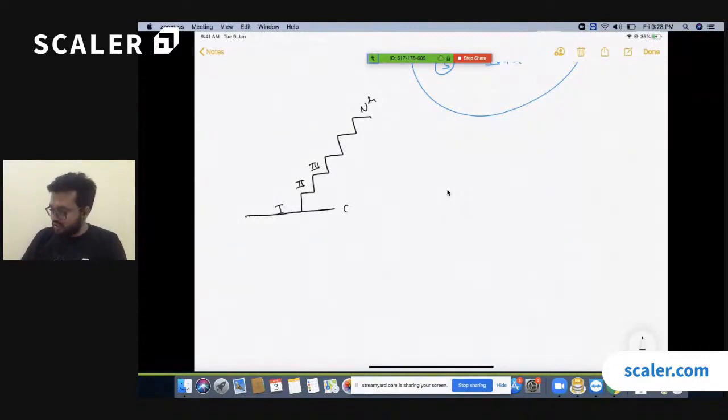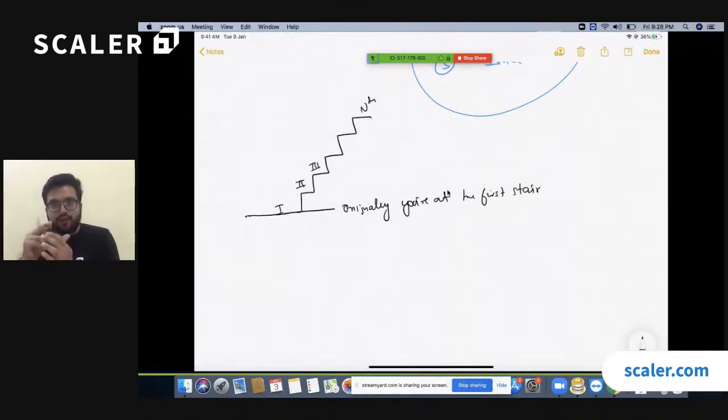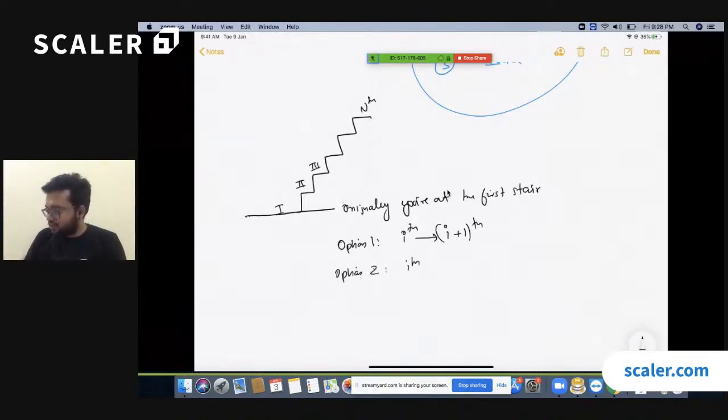Now at every stair you have two options. Option one is to go from the ith stair to the I plus 1th stair. The second option is that from the ith stair you go to the I plus 2th stair.